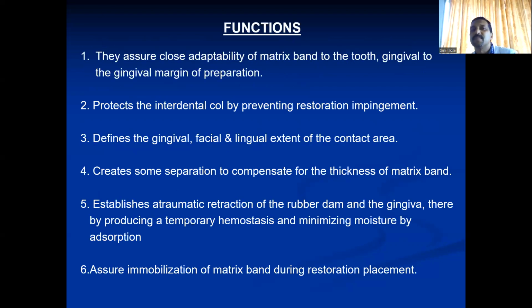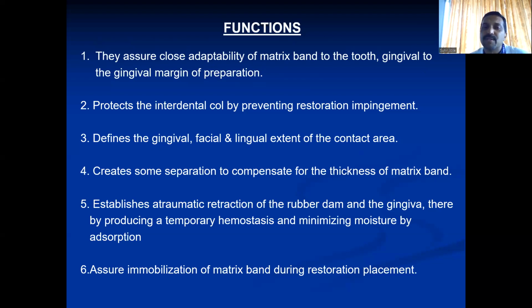Functions of wedges. They provide close adaptation of the matrix band to the tooth, gingival to the gingival margin of the preparation. Protect the interdental papilla by preventing restoration impingement. Define the gingival, facial and lingual extension of the contact area.